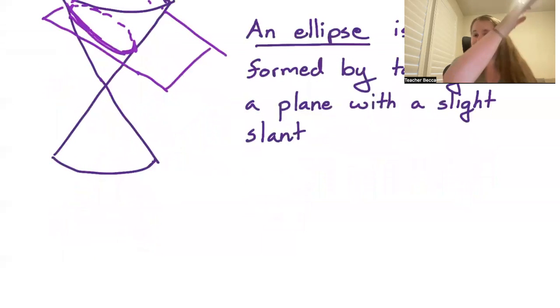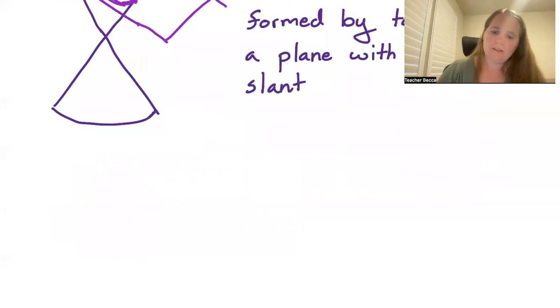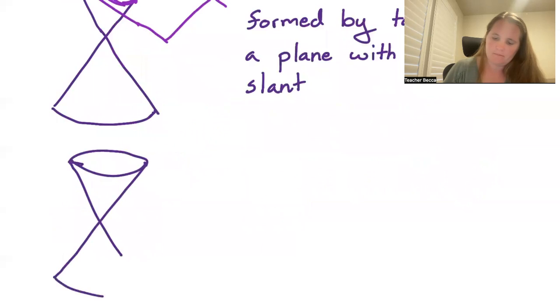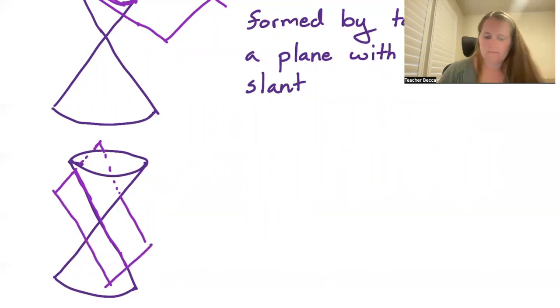We can take a plane that runs directly down the side of the cone, and we simply get a line. So we can have a plane that simply runs down the side of the cone, and it gives us a line.